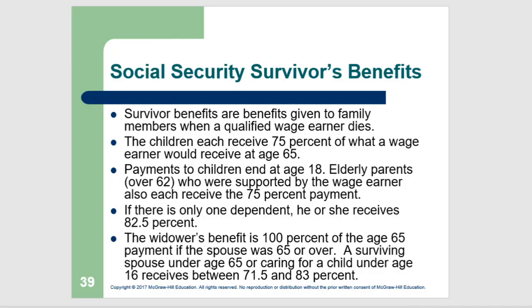So if you think about immediate family, they can collect certain percentages based on certain levels. So a widower with one dependent, you get different percentages. A widow's benefit is different percentages.